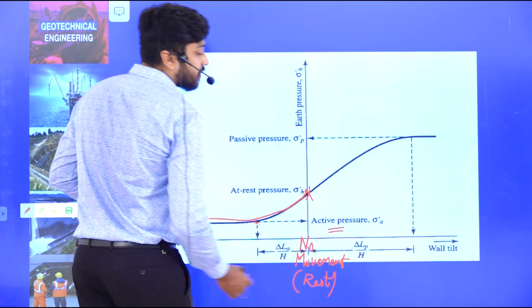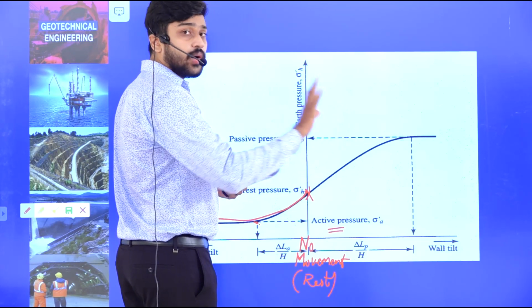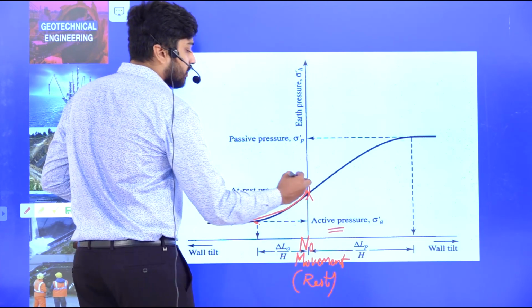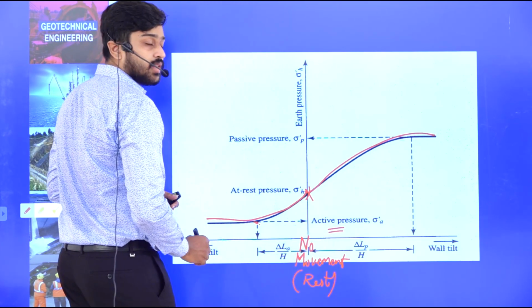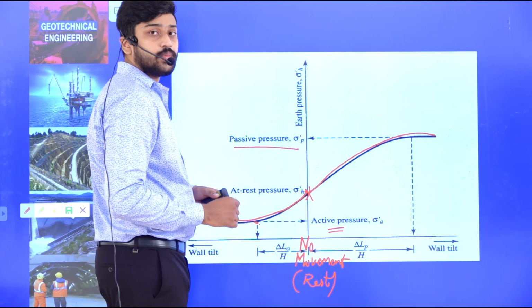Now, as the wall moves towards the soil, it is trying to compress, that means more additional stress is acting on the soil. So there is an increase in the stress in this manner, and that is why it is given as passive pressure.